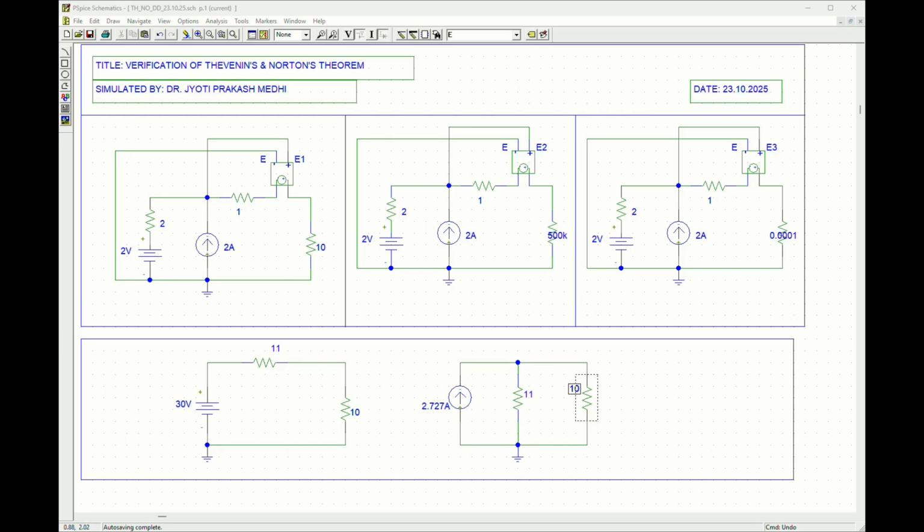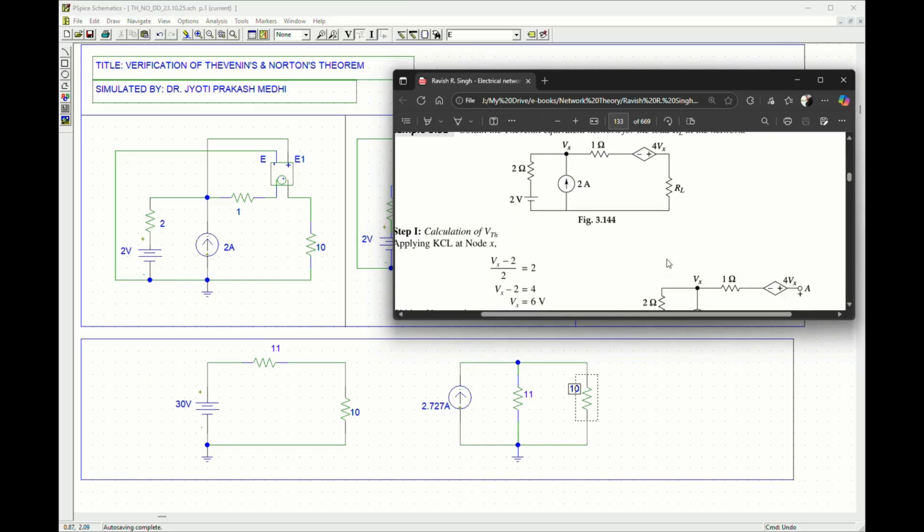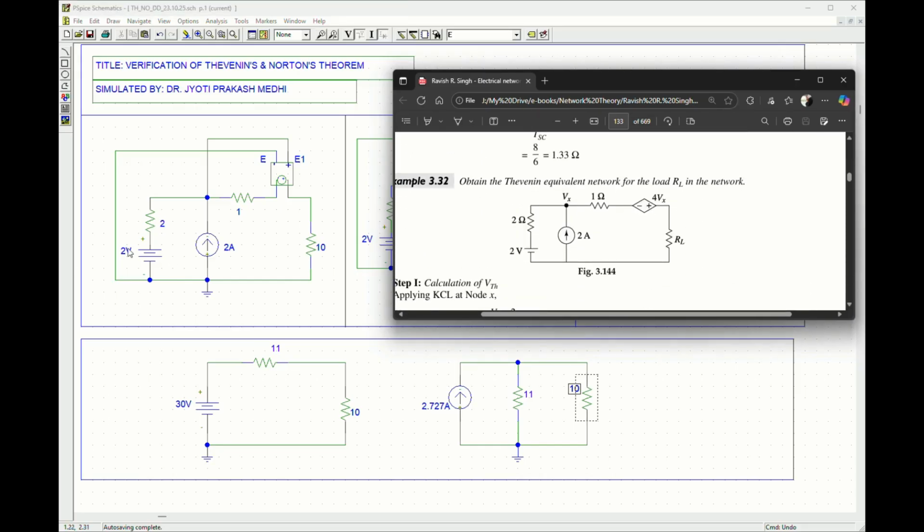Now let's take an example on a dependent source and see how it works. So this is a circuit where we have 2 volt, this is 2 ohm, then we have a 2 ampere current source, this is a 1 ohm resistor, then we have a voltage dependent voltage source, dependent on this voltage.